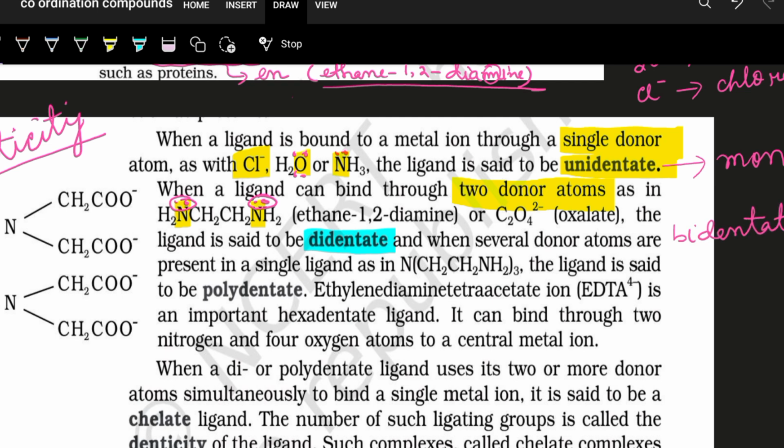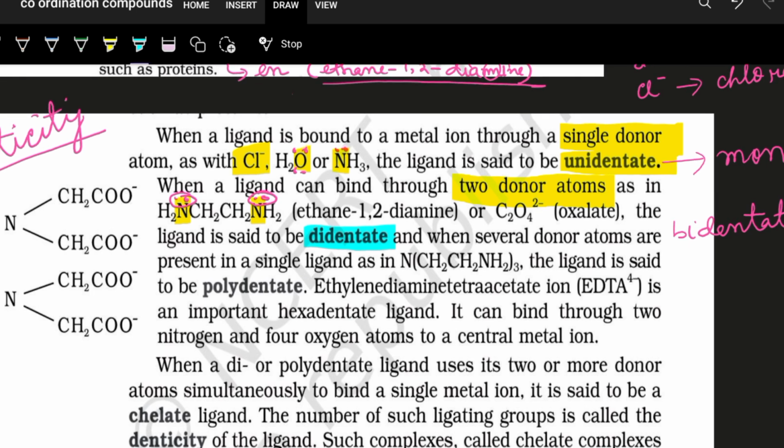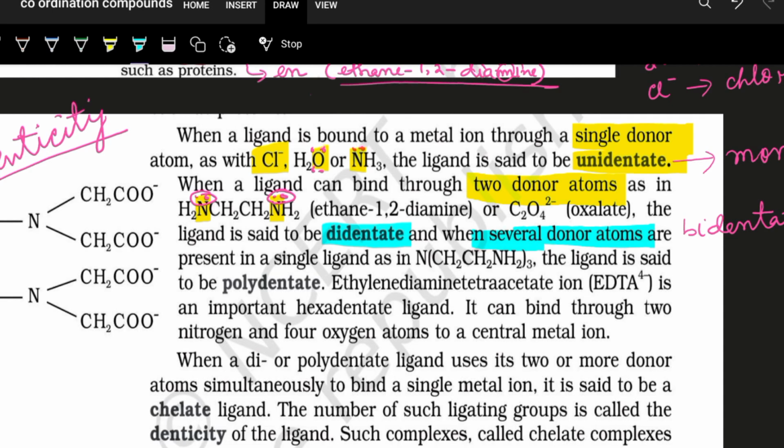There are two donor atoms or donor sites. Now, if there are many or several donor atoms, they are known as polydentate, that means greater than 2, of course. In polydentate ligand, EDTA4- is one such example, which means ethylene diamine tetraacetate ion.